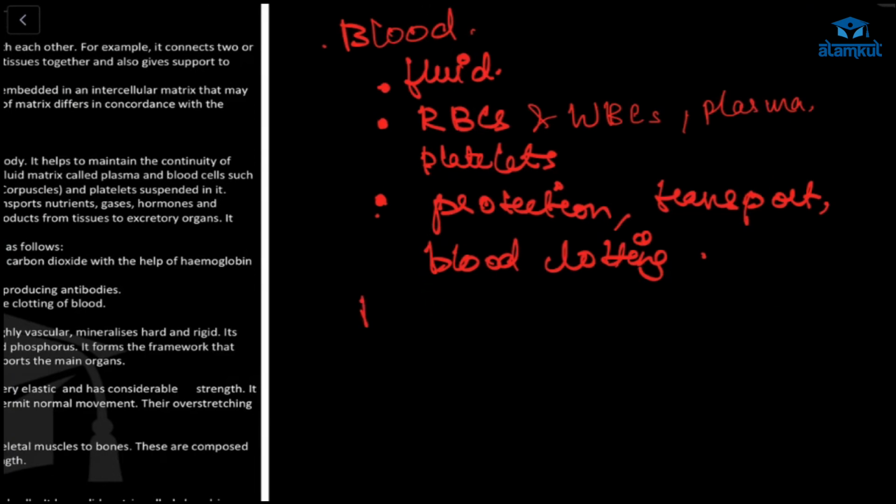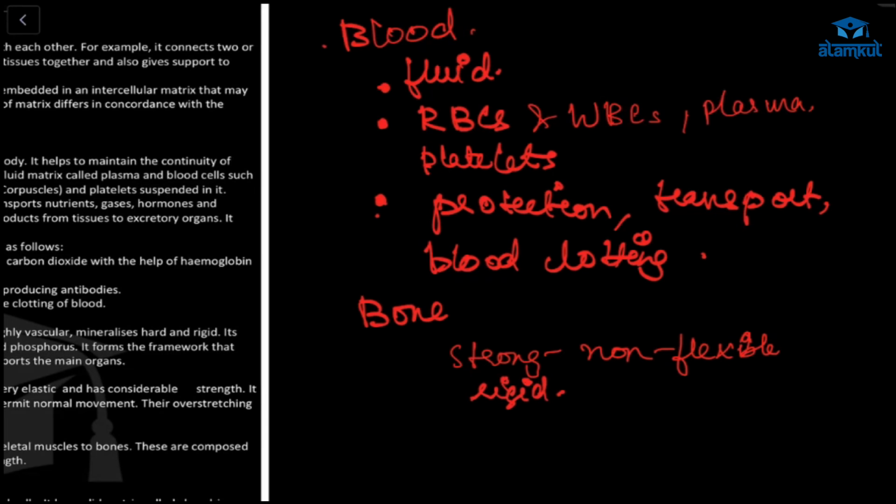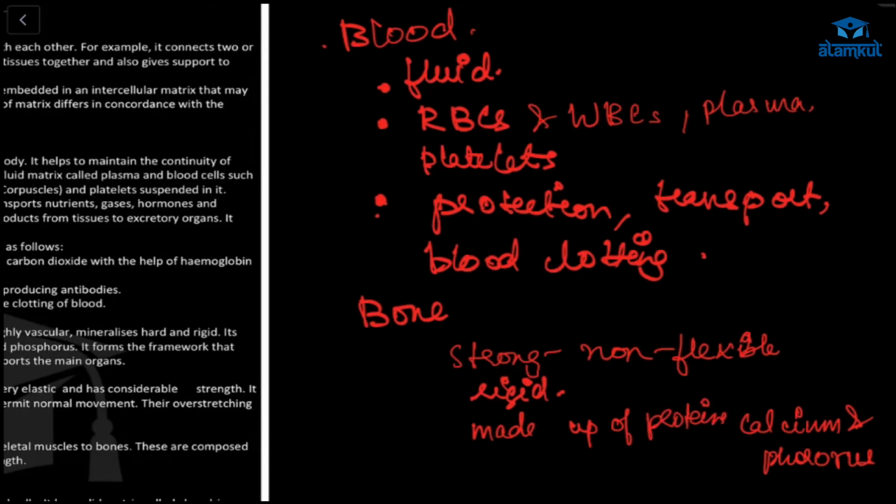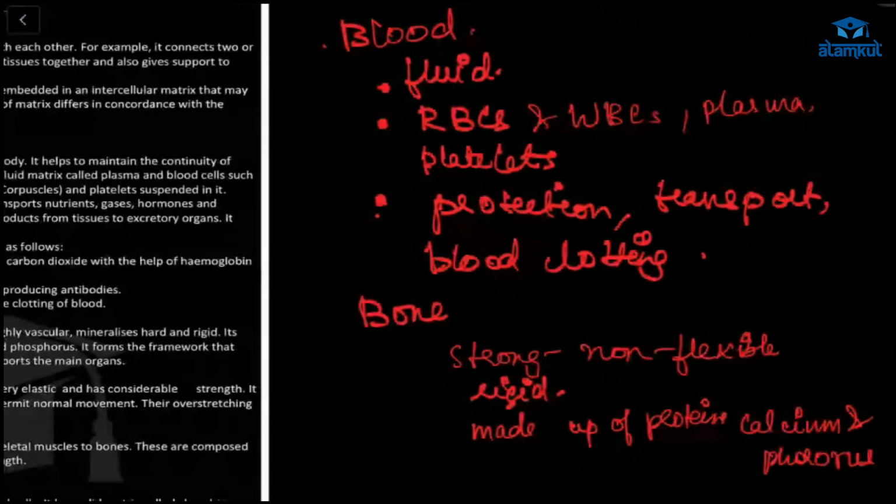Next, we have the bone. They are strong and non-flexible. They are rigid, right? Strong, rigid. They are rich in calcium and phosphorus. Their matrix is made up of proteins, okay?